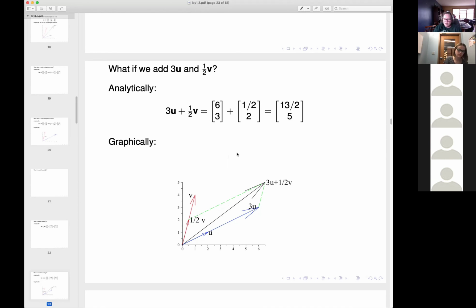And so we can multiply u and multiply v by whatever we want to generate any vector that's within this cone. And we can't get outside this cone, at least not by using positive multiples for both. But as long as we use positive multiples for both, we generate any vector we want in this cone.